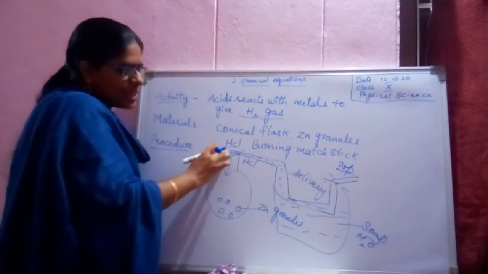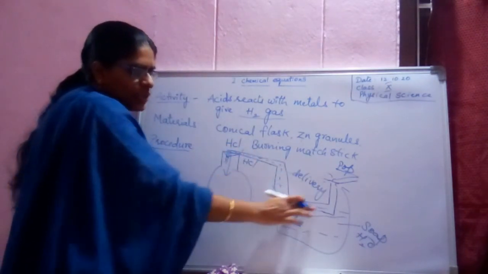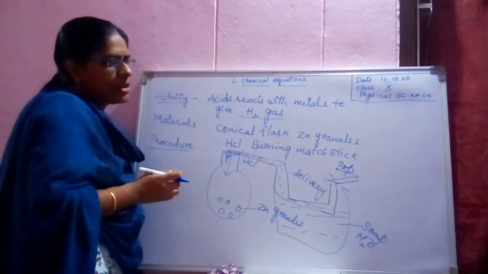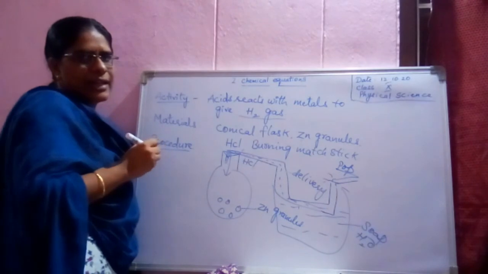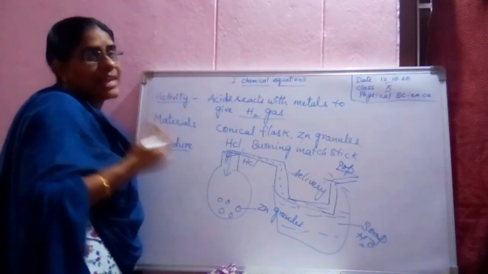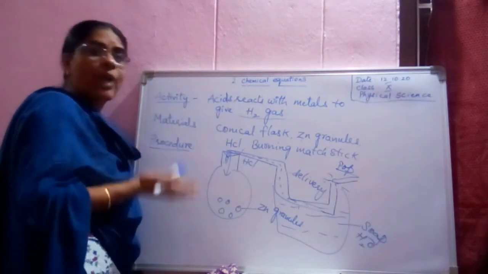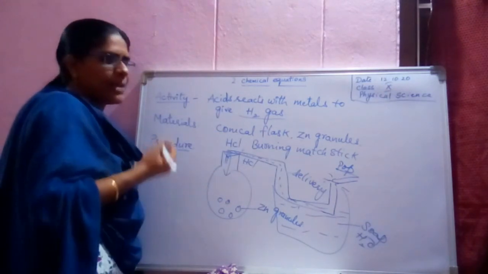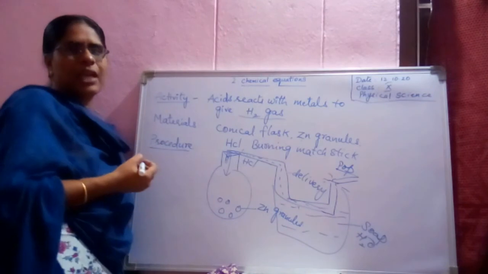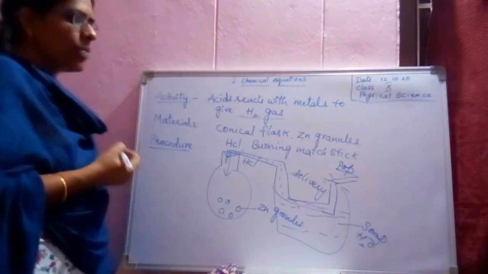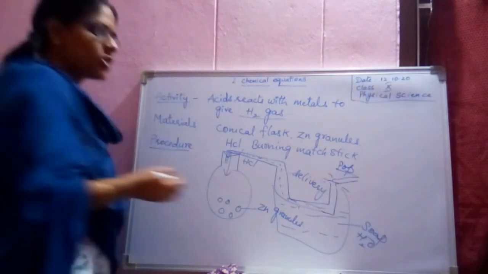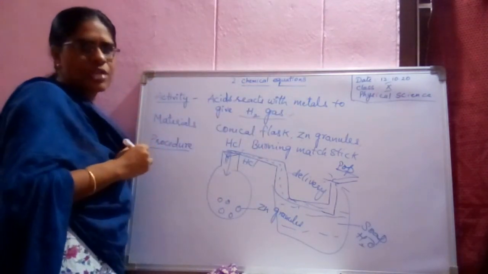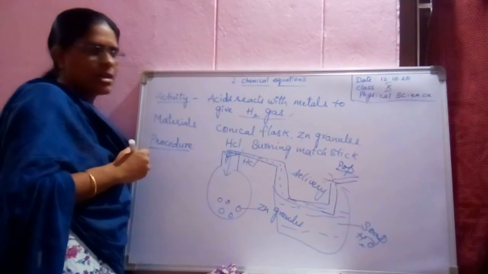Now the gas will enter the delivery tube, which is placed in soap water, and through the other end we are testing which gas has been evolved. I have taken a burning candle or a matchstick and it is giving a pop sound. Whenever it gives a pop sound, that gas we call hydrogen gas.